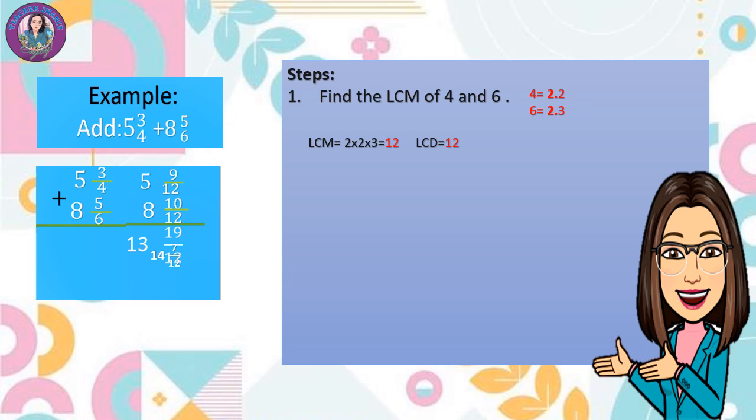And then 12 is used as the LCD to get the answer in step 2. In step 2, we change to equivalent fractions. From 3/4, it became 9/12. And from 5/6, it became 10/12.